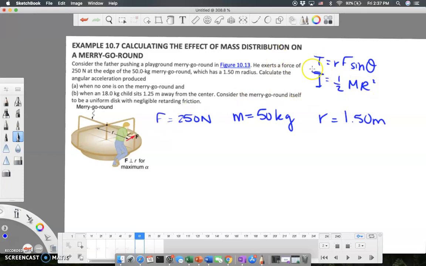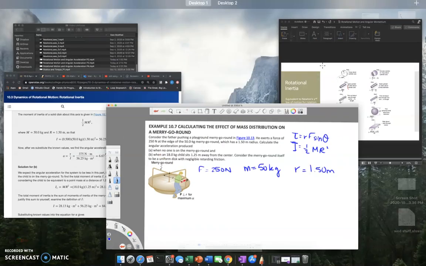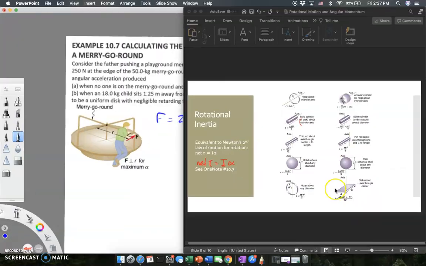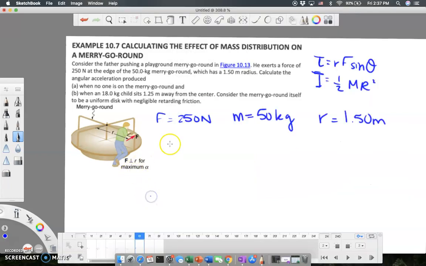So we just learned that our net torque is equal to inertia times alpha, our rotational acceleration. So we have net torque equals our inertia times our angular acceleration.